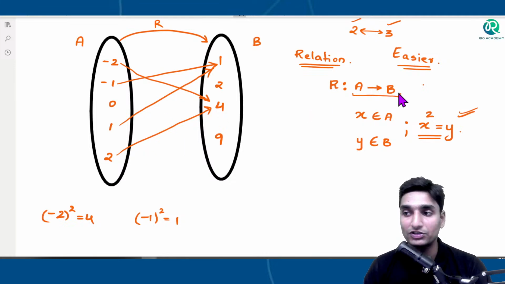And what is known to be a function? Now we are coming to what is a function. What do you mean by function?